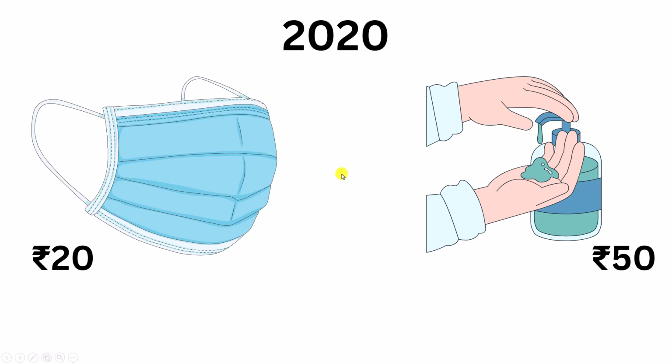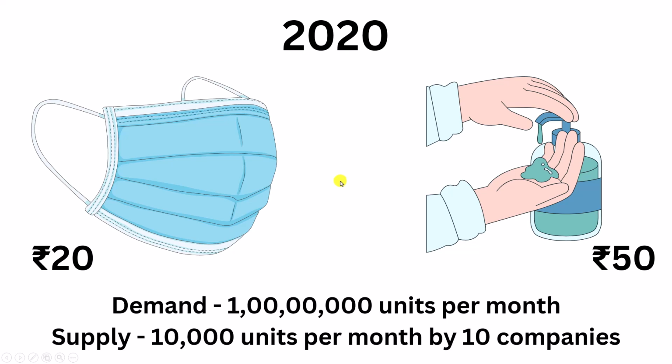Correct? Now, due to this, let us say that the demand in the country increased to these many units per month. Okay? Now this is just a random value taken by me.